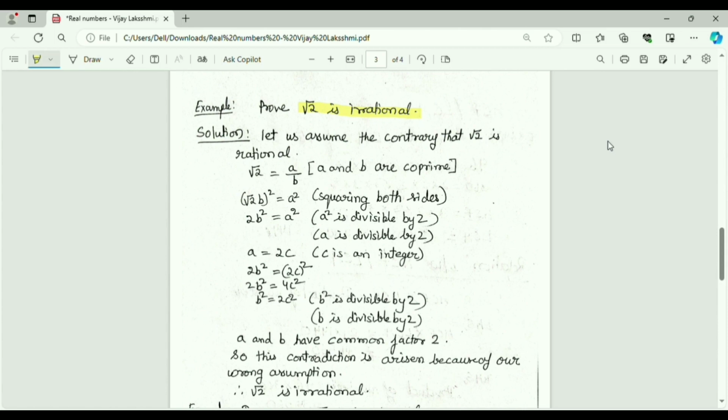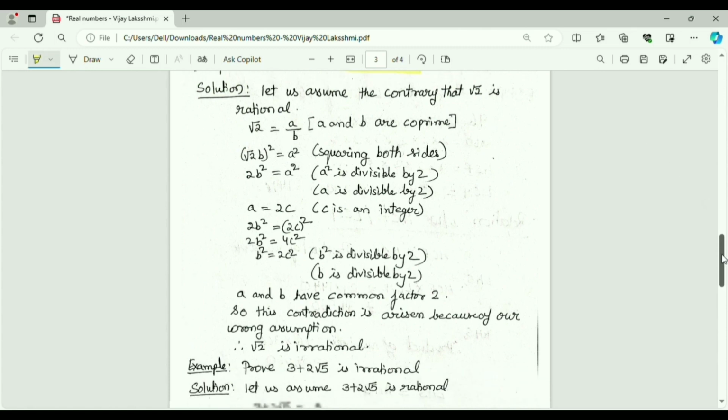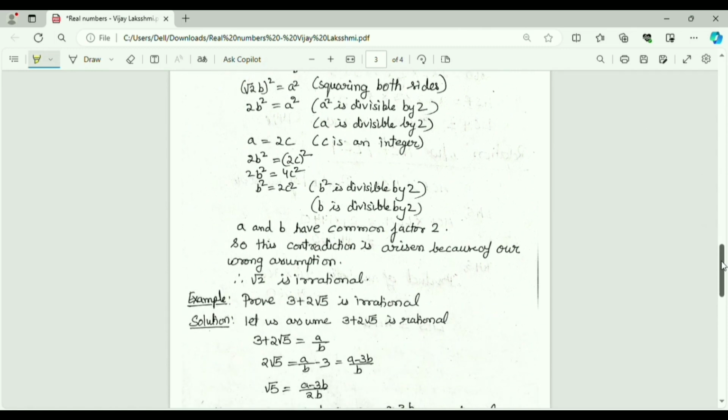This again shows that b square is divisible by 2. So b is divisible by 2. a and b have common factor 2. So here comes the contradiction, that a and b are not co-prime, since they have 2 as a common factor in them. Hence our assumption is wrong. Root 2 is irrational.